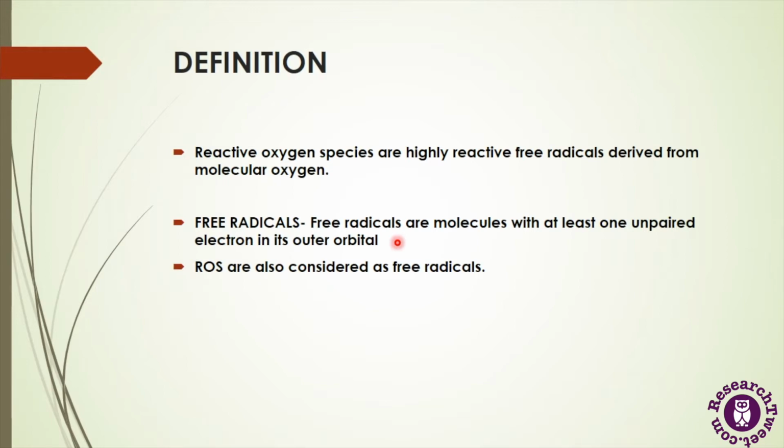If an atom has an incomplete outermost orbital which has not completed its octet, it is very reactive, and it wants to make a bond with anything so that it becomes stable or completes its octet. So these molecules or atoms are considered free radicals and they are very reactive.